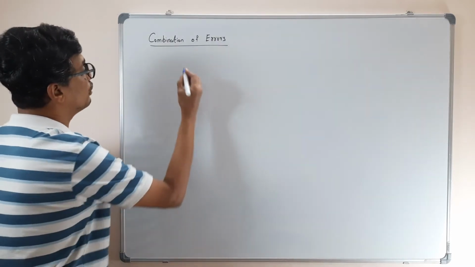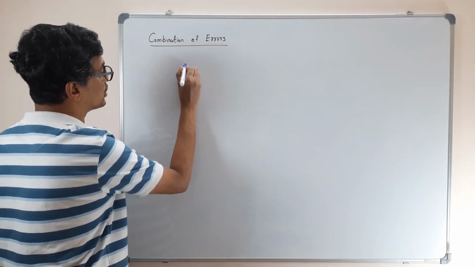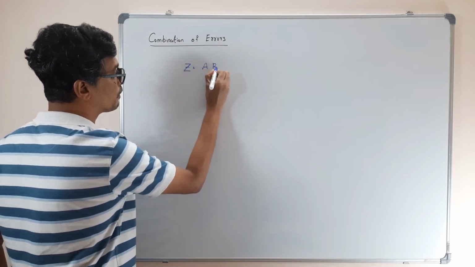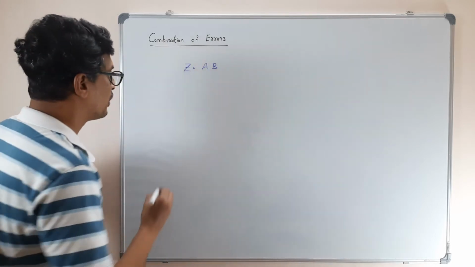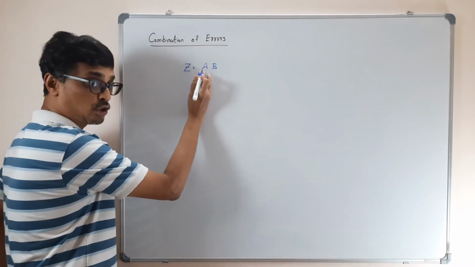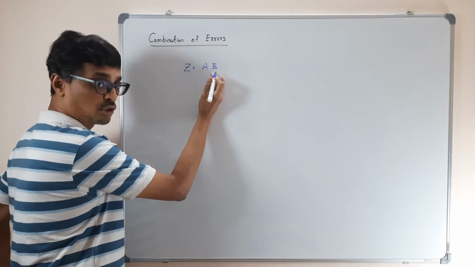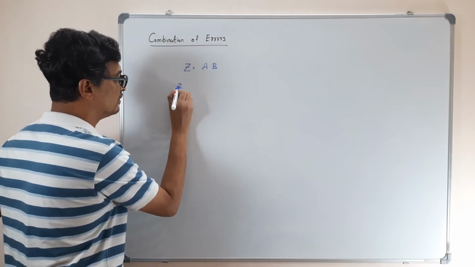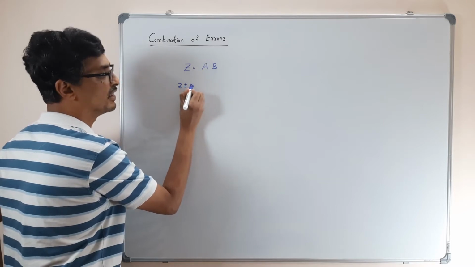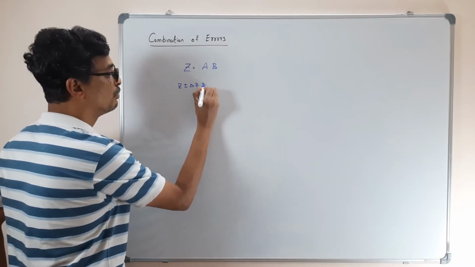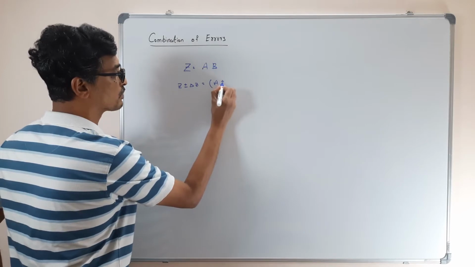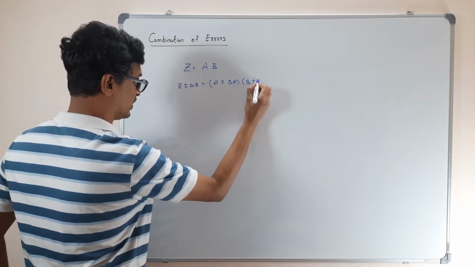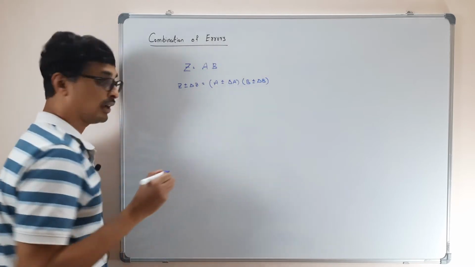So we are having a new measurement where Z equal to AB. So now A is also going to have an error, B is also going to have an error. Because of that, Z will also have an error, and that will be A plus minus delta A into B plus minus delta B. Correct?